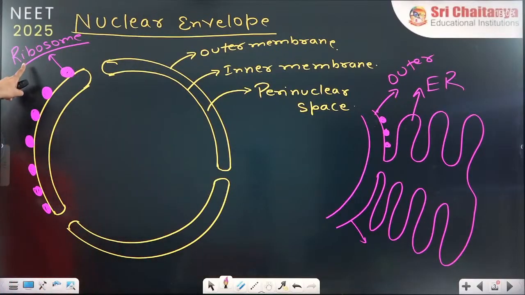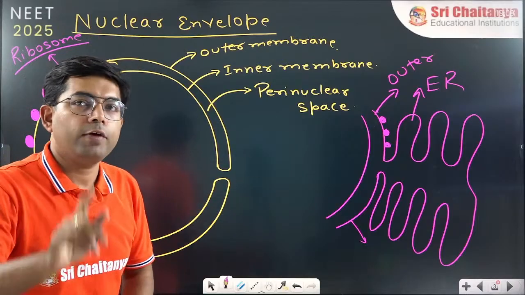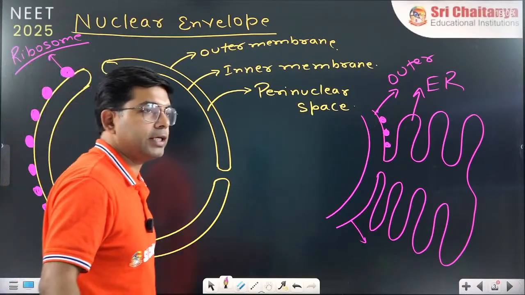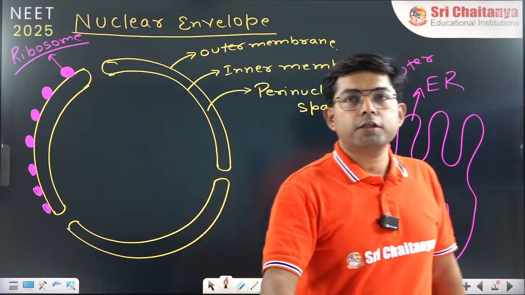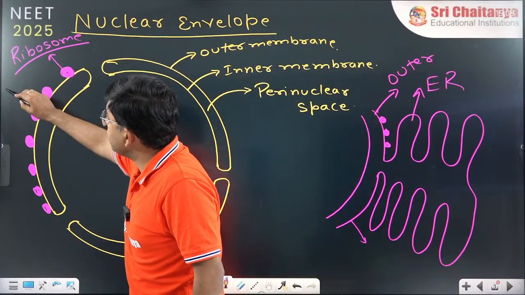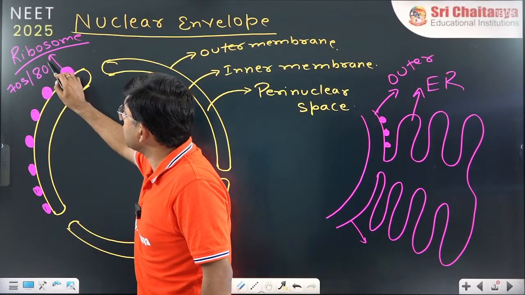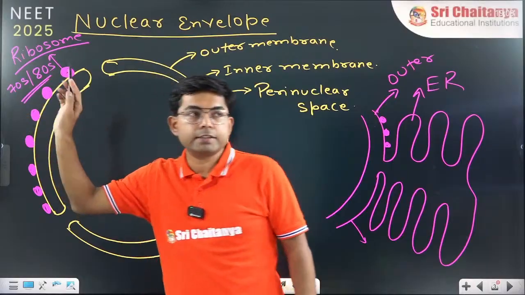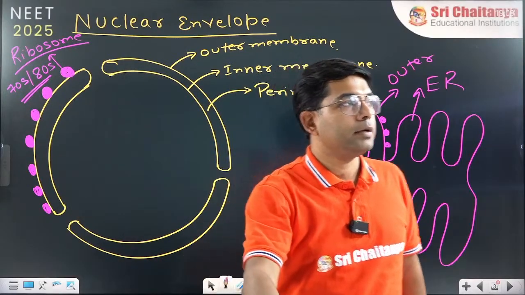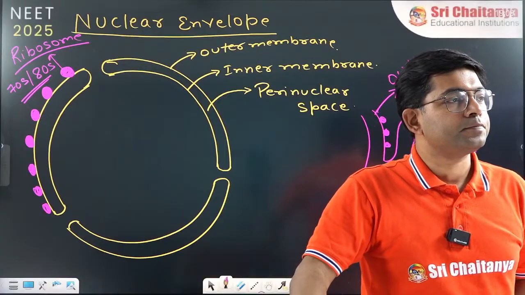Is this ribosome 70S or 80S? I am waiting. Who will answer first? Tell me the answer. We have already discussed this also. Is it 70S or 80S?